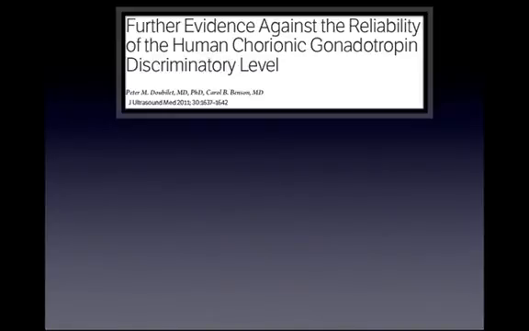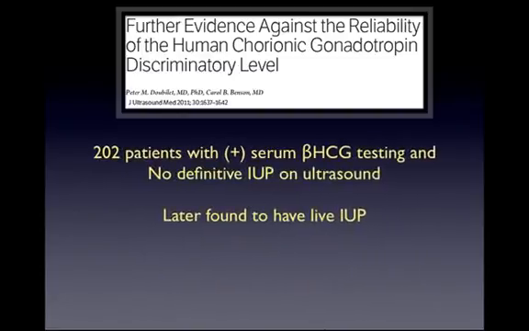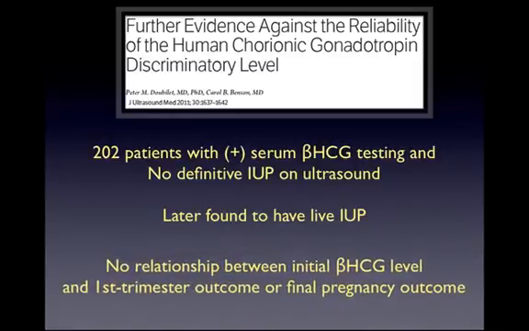As mentioned in a previous slide, certain sonographic findings are expected when there's a known gestational sac or a specific beta-HCG level, known as the discriminatory zone. However, the exact beta-HCG level that's considered to be the discriminatory zone is controversial. In a recent study by Duboulay and Benson, they identified 200 patients who had no definitive IUP identified on initial ultrasound despite a positive serum beta-HCG, who were subsequently found to have a live IUP on repeat ultrasound.